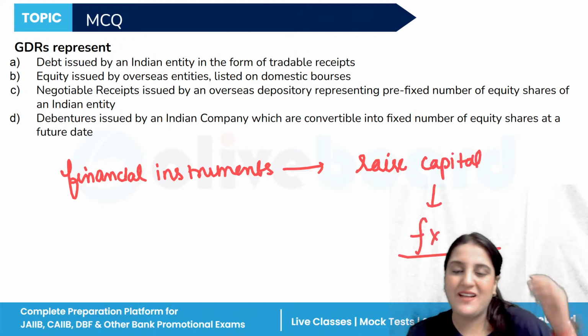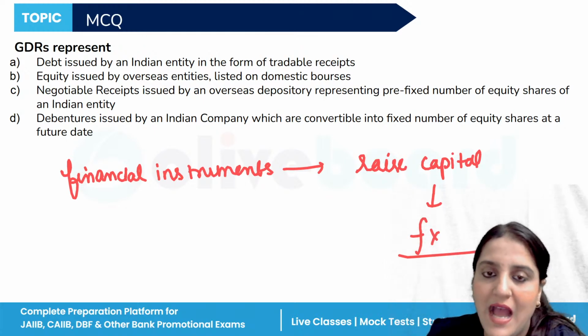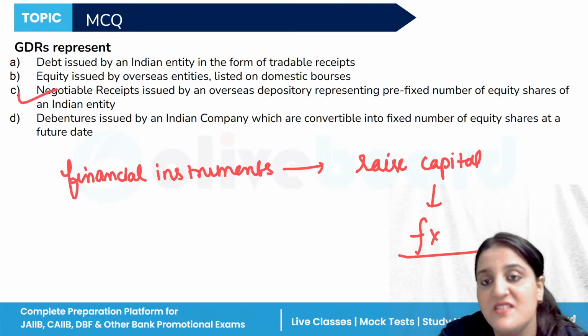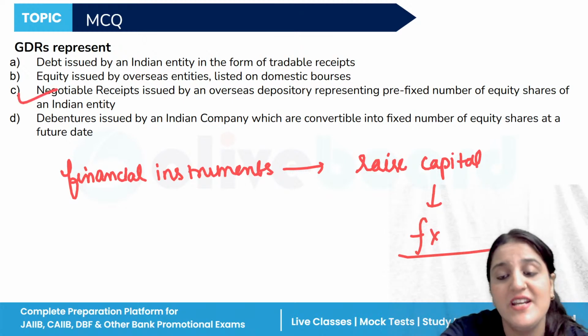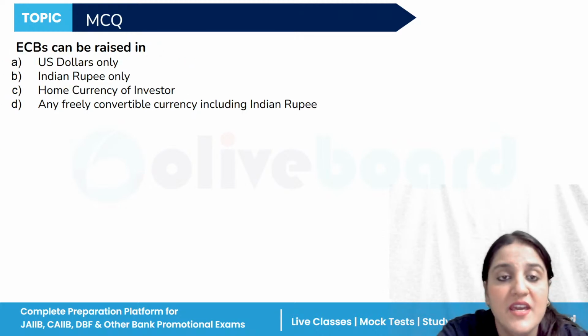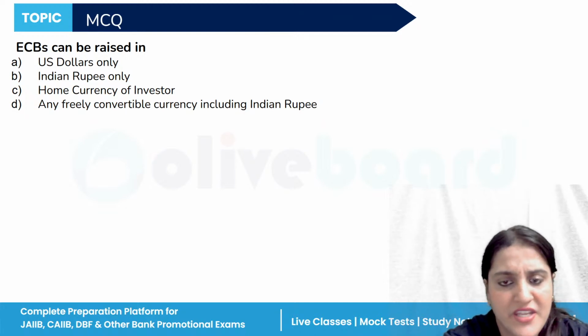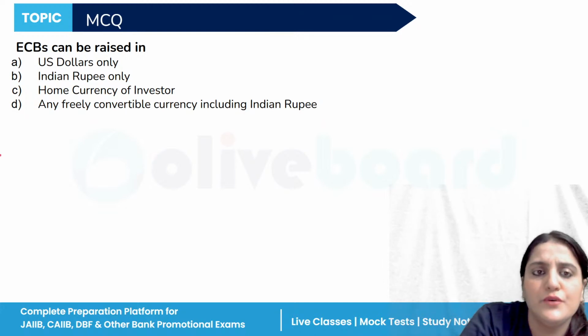They are issued by an overseas depository bank, and are negotiable receipts representing a prefixed number of equity shares of an Indian entity. IDRs are denominated in Indian rupees. ECPs can be raised in any freely convertible currency, including Indian rupees.